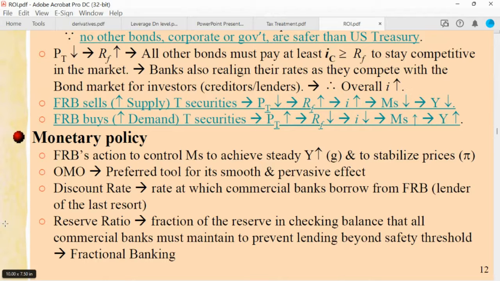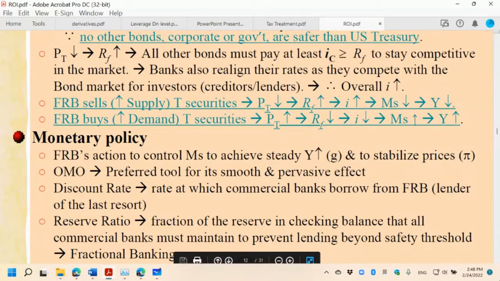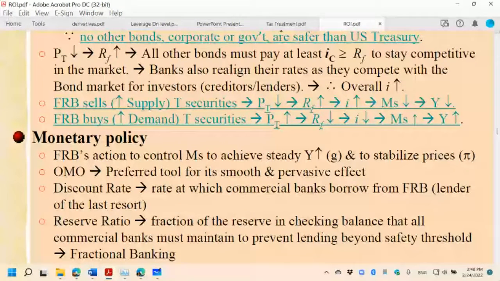And to increase their production capacity, they'll have to borrow. And not only the businesses, but households will try to buy their homes when their income is increasing. So strong demand for borrowing will push up the interest rate.